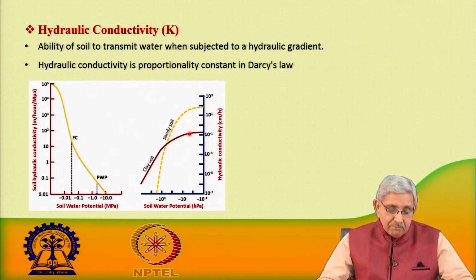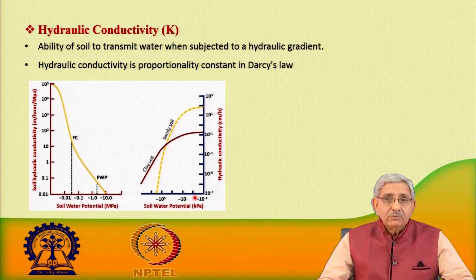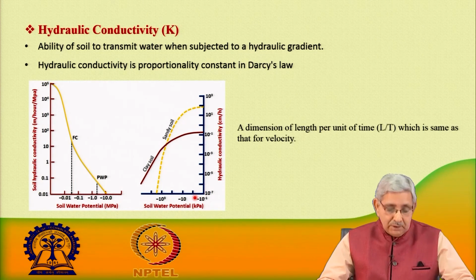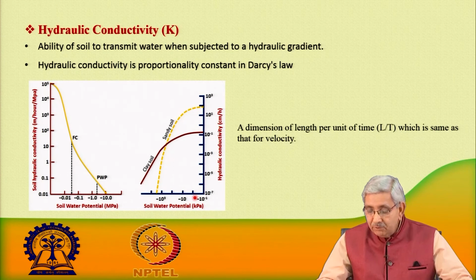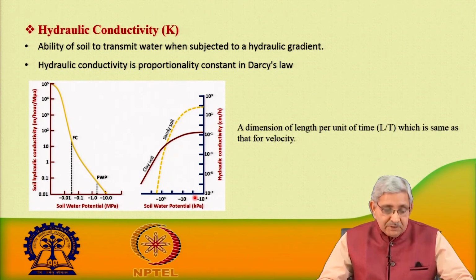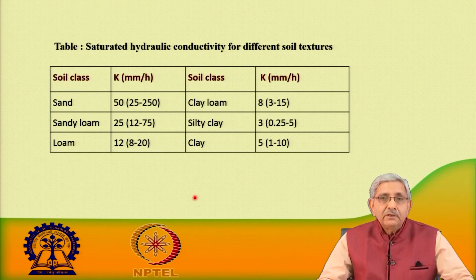The clay soil is a fine textured soil, and its soil water potential values are relatively higher as compared to the sandy soil. So, hydraulic conductivity decreases with the increase in negative soil water potential. Hydraulic conductivity has a dimension of length per unit time, the same as velocity.